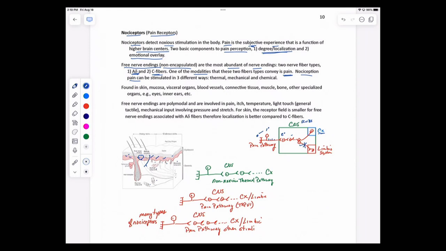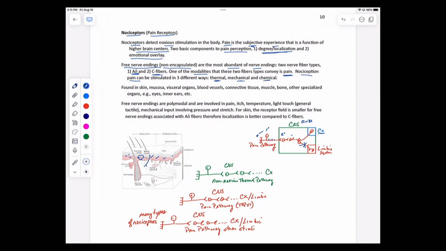That's classic nociception pain. And you can effect nociception pain in basically three different ways. It can be thermal, it can be mechanical, and it can be chemical.